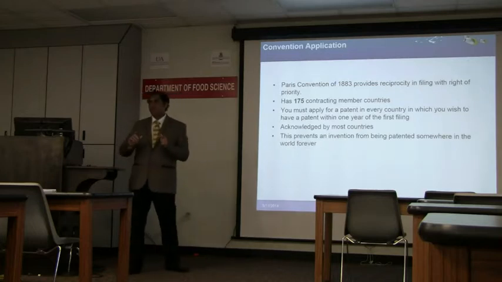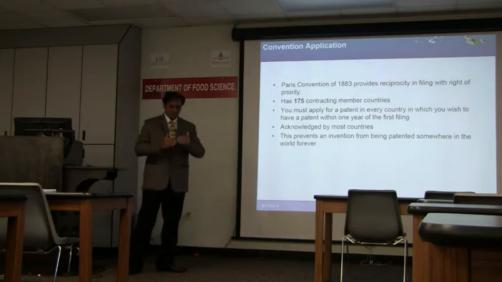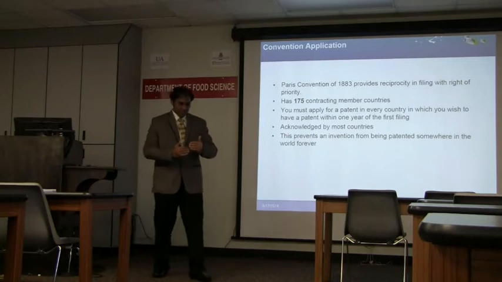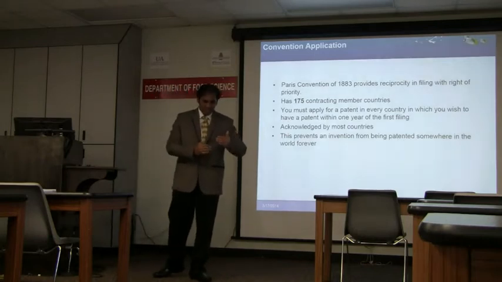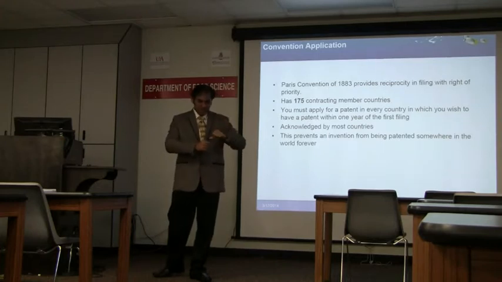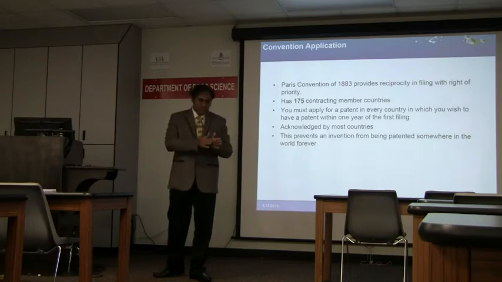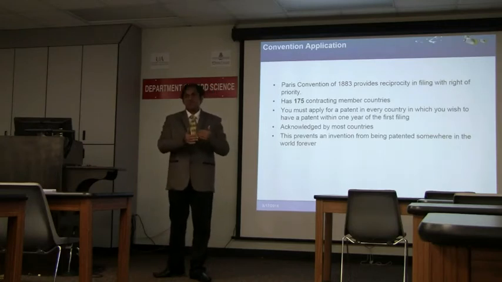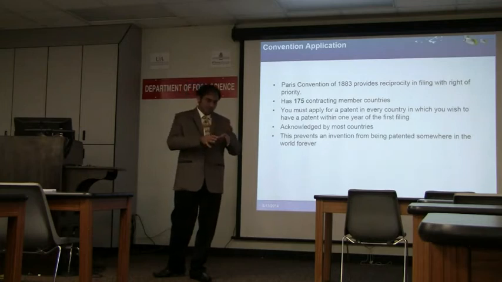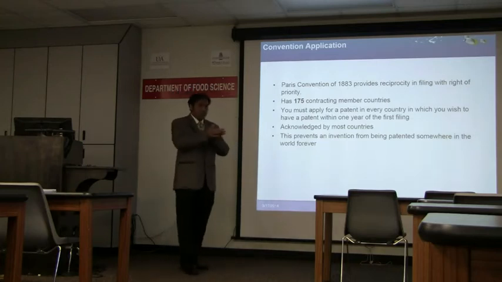There are 175 countries which are signatories to the Paris Convention Treaty, and if you're filing in the US and you think that your invention can also sell in India, you have 12 months time, and the Indian Patent Office will recognize your priority date as the same as you had with the US Patent Office. So this is a treaty which is signed between 175 countries. It secures your priority date for 12 months. So this is the convention application. You can move into any country within 12 months of filing in your own country.